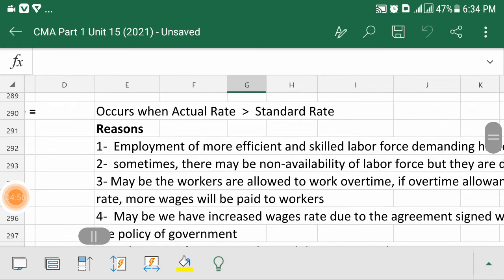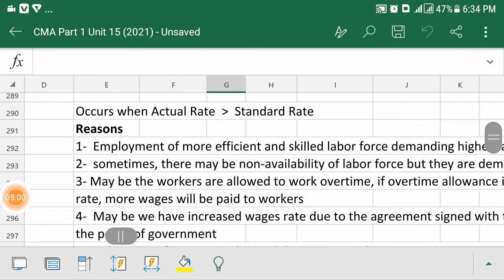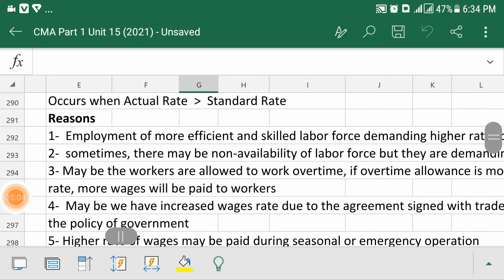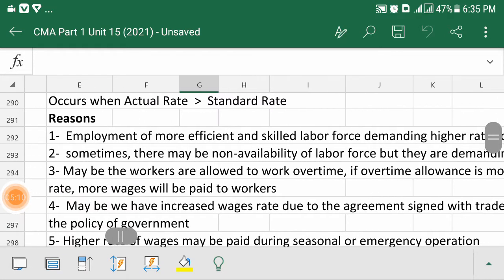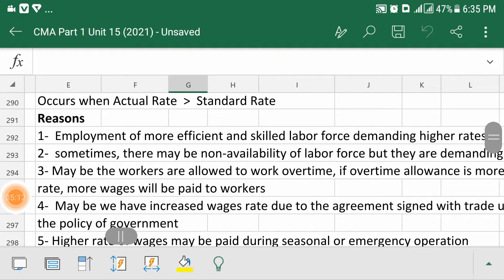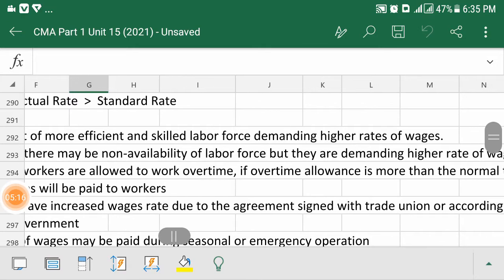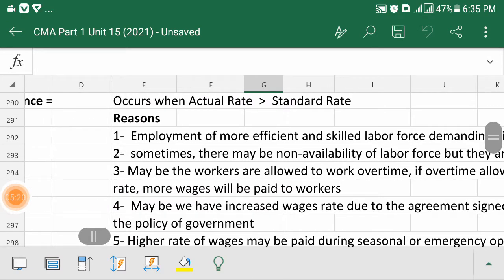So first of all, the reasons why it's arising. The first is the employment of more efficient and skilled labor force demanding a higher rate of wages. Supposedly, you are hiring experienced people, then definitely you are going to pay them a high level of amounts.